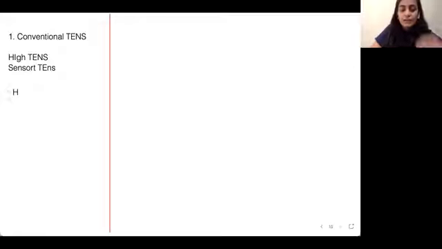With conventional TENS, I'm not going to make you memorize the exact numbers, but if you know the frequency is high, it's easier to memorize. So how much is the frequency for conventional TENS? I don't want you all to follow therapy yet.